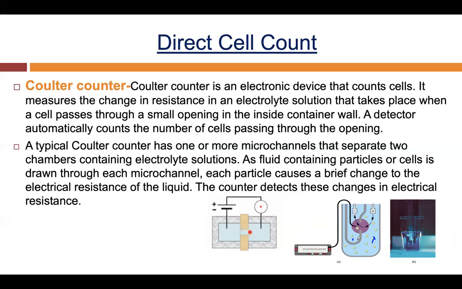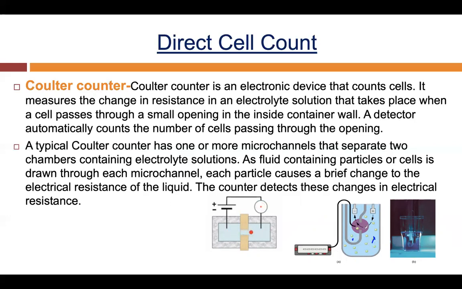You can see that U-shaped structure, that's the small chamber. There must be one opening between these 2 chambers. We place 2 electrodes, and both chambers are filled with electrolytes, in salt water. When we run the electricity, the salt water, those electrolytes, start moving, right?